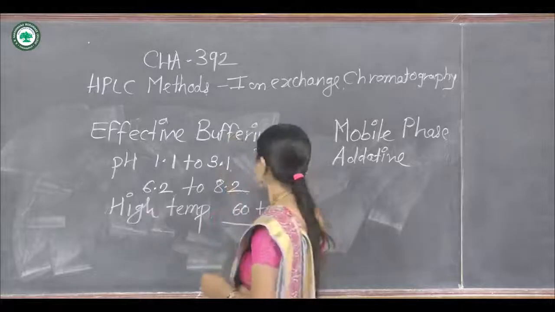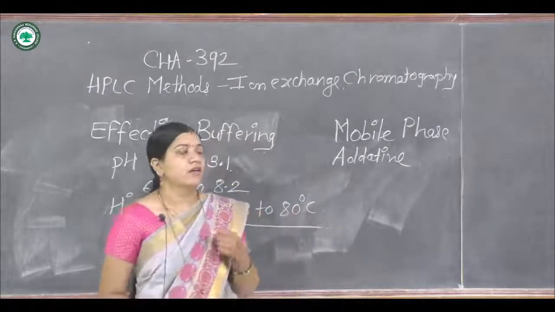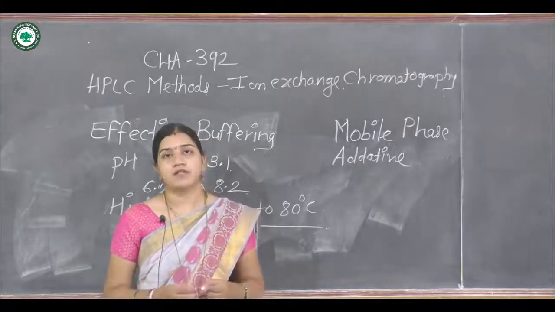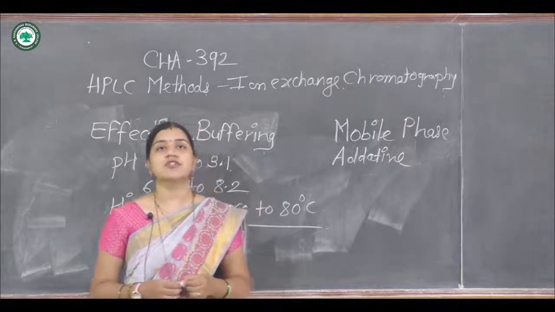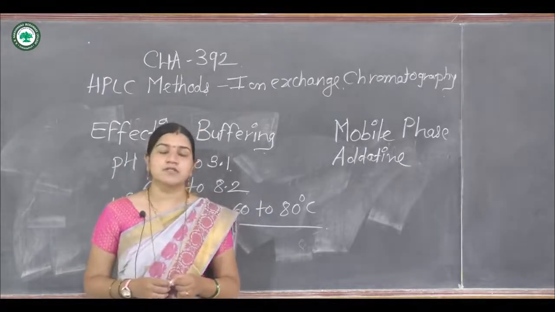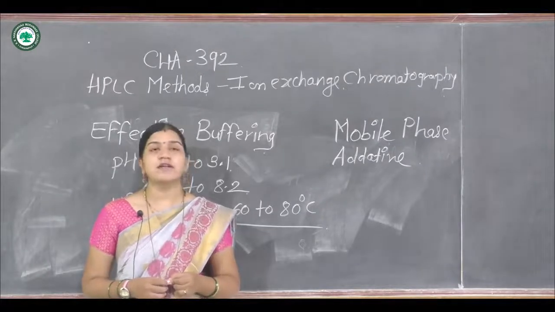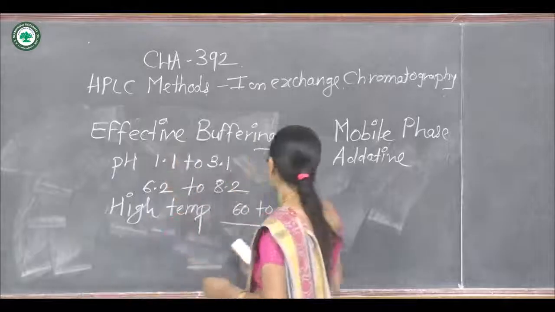In this case, tailing is generally observed. The tailing of a chromatogram in ion exchange chromatography is reduced by adding some substances. So how can you reduce the tailing? That is by adding a water miscible solvent.